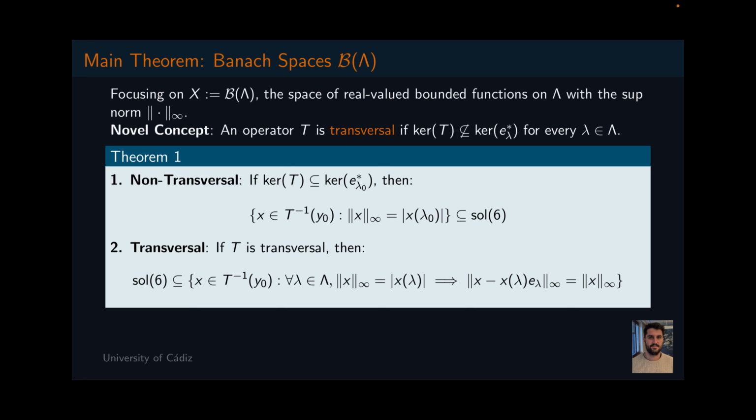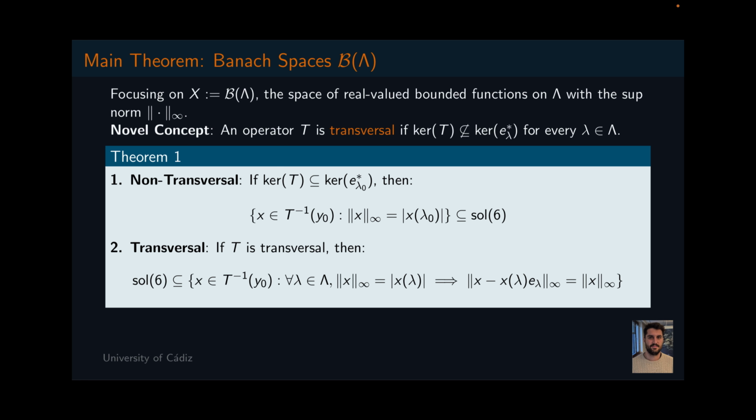We restrict our mathematical attention specifically to the Banach space V of lambda. This is the space of real-valued bounded functions endowed with the supremum norm or the infinity norm. Here we introduce a novel mathematical concept, the transversal operator.